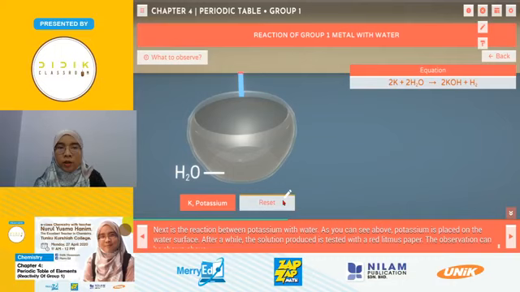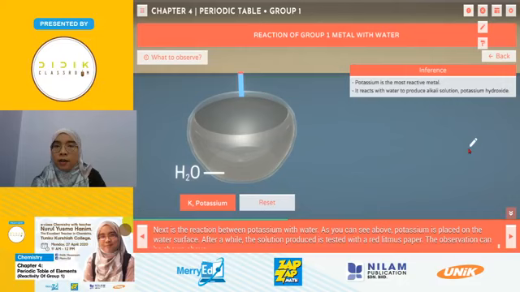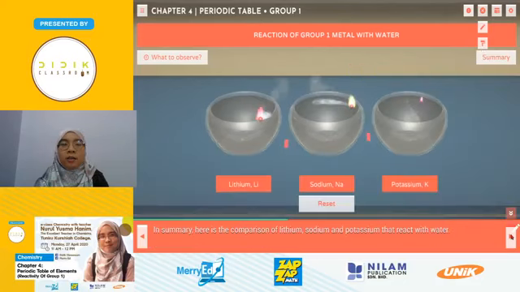So potassium is very reactive, more reactive compared to lithium and sodium. And it reacts with water to produce an alkaline solution, which is potassium hydroxide. Now we look at three reactions together that occur at the same time. You can compare lithium, sodium, potassium.